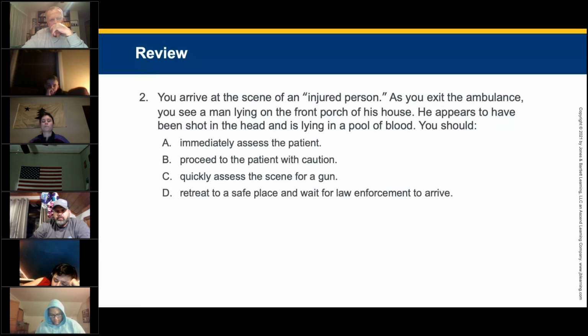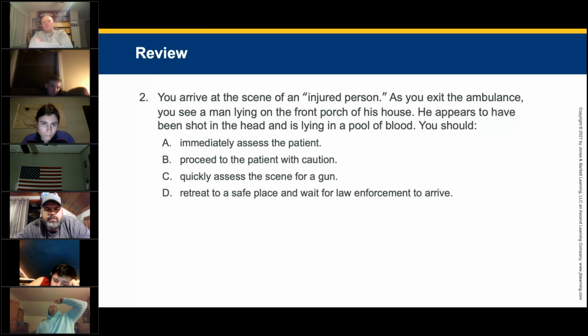So one of the things we'll talk about as we go through this course, the way the National Registry questions are formatted, a lot of times there's more than one answer that could be correct, and you're looking for the most correct answer. And typically, when you look at scene safety or the ABCs or the order in which you're doing your assessment, as long as you think from top to bottom, you can answer the question correctly.